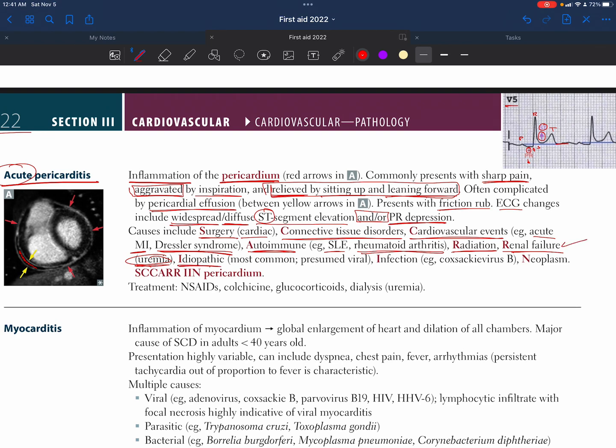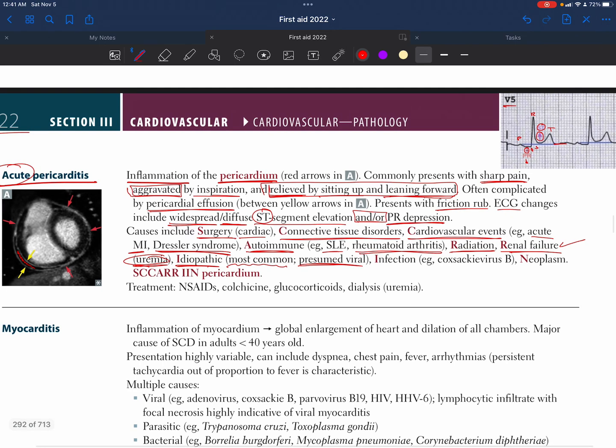So, this is the most common cause of acute pericarditis, but the presumed actual causative problem is just viral. So this is what we presume it is. But idiopathic is the most common form of the causes of acute pericarditis. We also can have infection as a cause, like Coxsackie B virus, and then neoplasm.